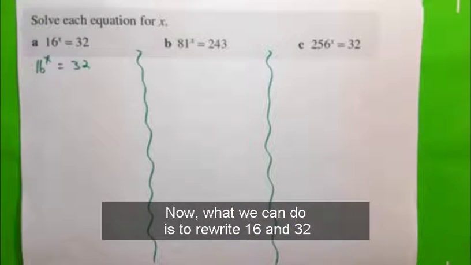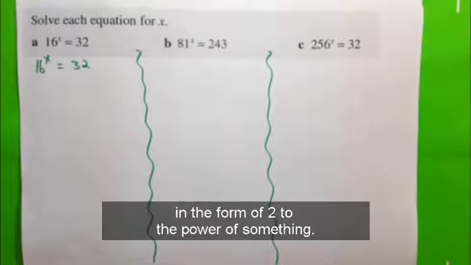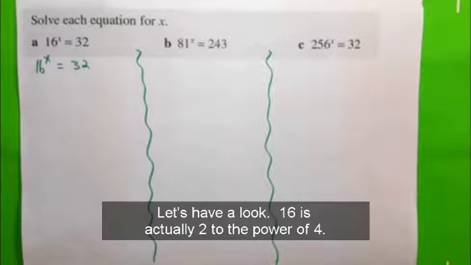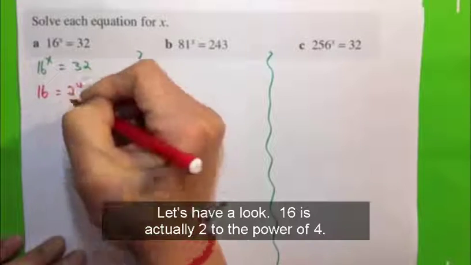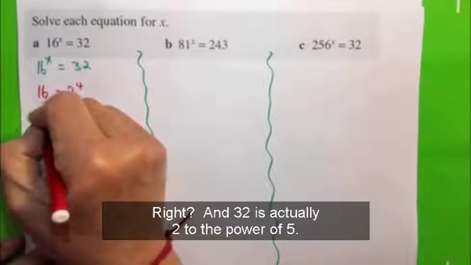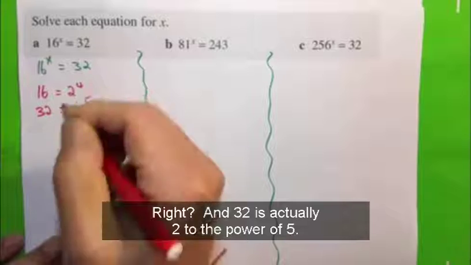Now, what we can do is rewrite 16 and 32 in the form of 2 to the power of something. Let's have a look. 16 is actually 2 to the power of 4, right? And 32 is actually 2 to the power of 5.